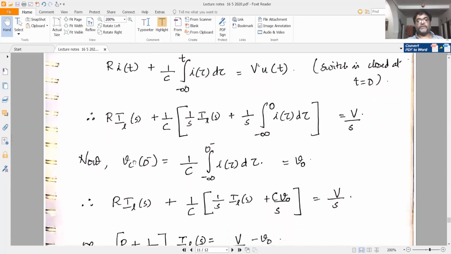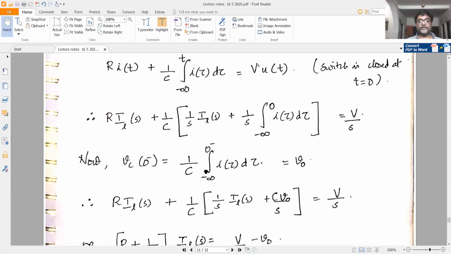Now you know that the initial voltage across the capacitance, Vc of 0 minus, is equal to 1 by C integral minus infinity to 0 minus I of tau d tau. So we'll take 0 minus to be equal to 0. And therefore 1 by C integral minus infinity to 0 minus I of tau d tau is equal to V0.